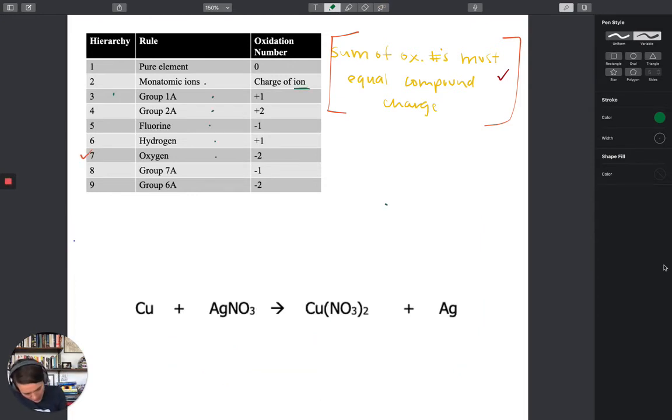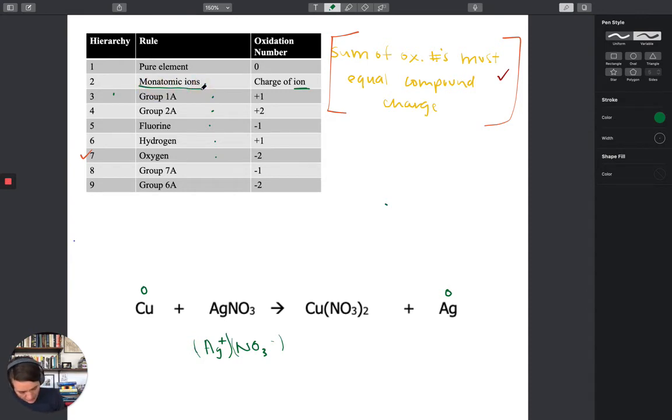All right, so for this problem, we have our copper is going to have an oxidation number of 0. Our silver would have an oxidation number of 0. Now we want to look at these 2 ionic compounds. So remember, our ionic compounds are going to be this combination of silver and nitrate. And so we see that monatomic ions are going to have the charge of the ion.